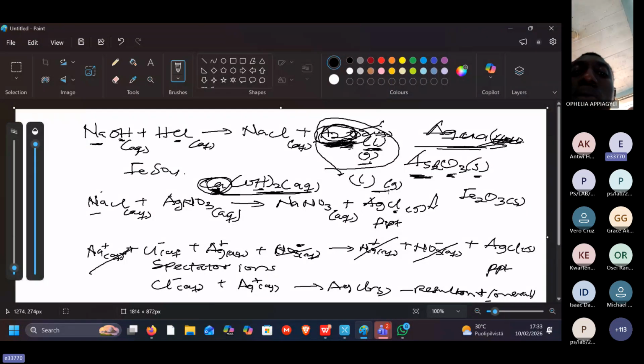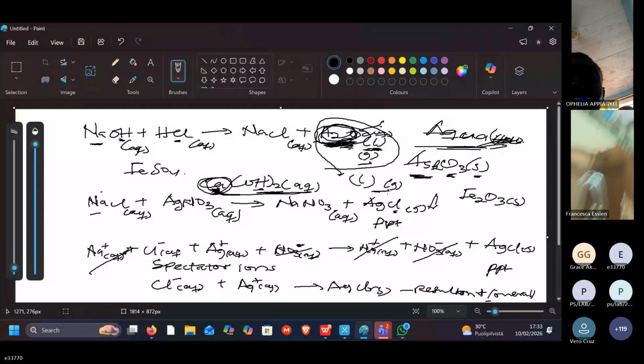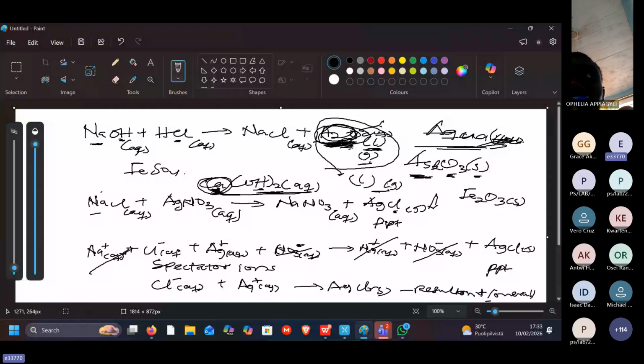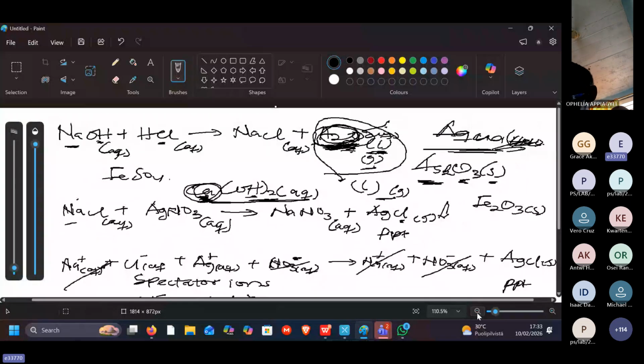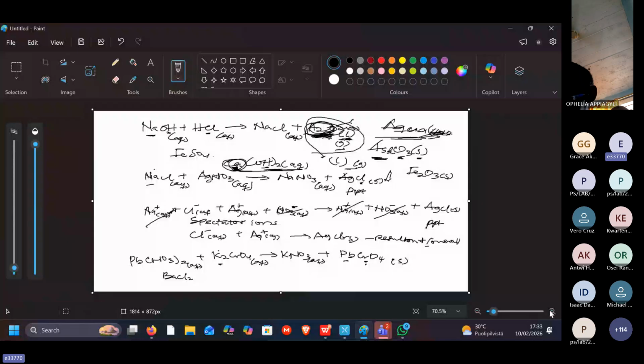We can only predict for ionic compounds, those that have the charges, the cation and the anion part.